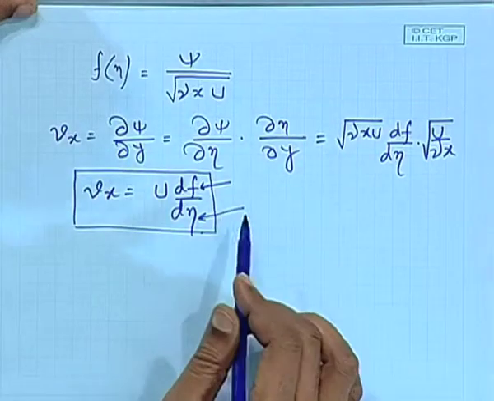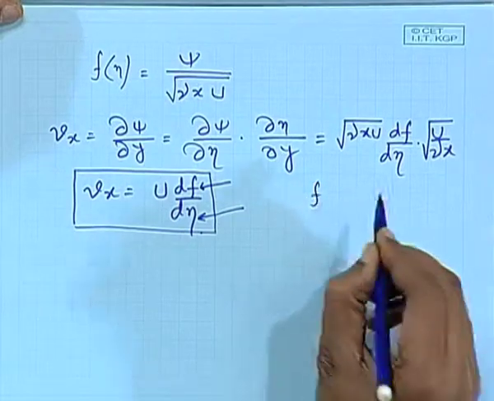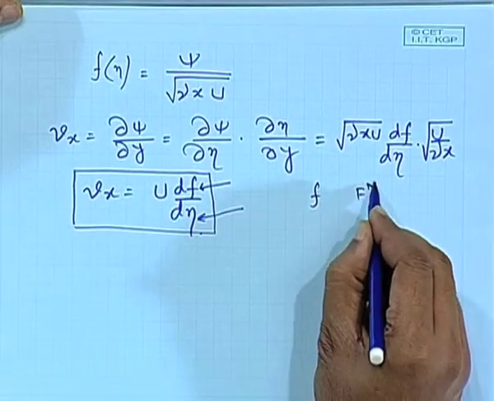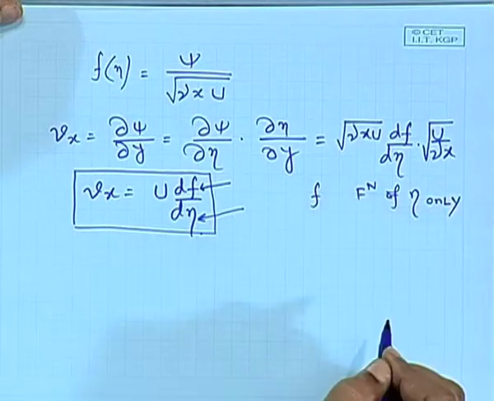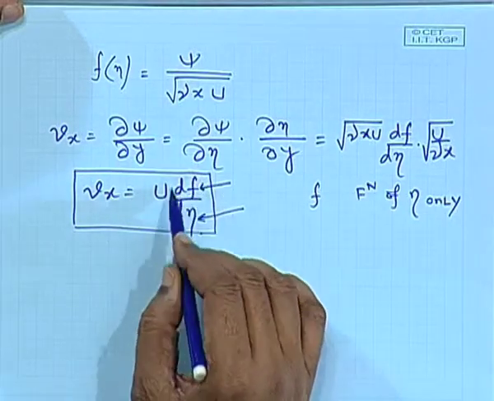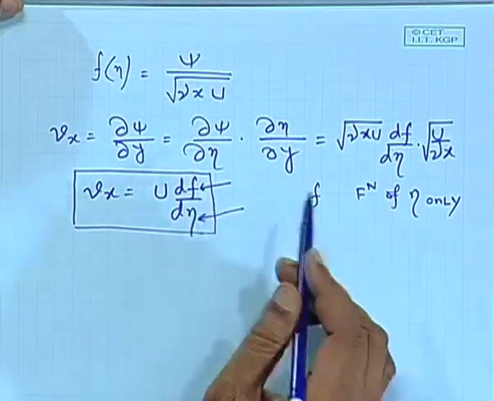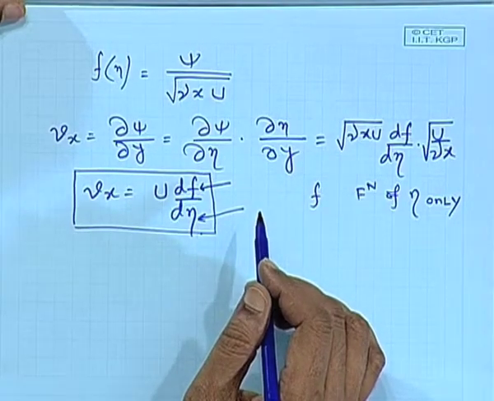These are simple steps which I am sure all of you can follow. And f is a function of eta only. Since f is a function of eta only, then I can replace the partial sign with the normal differential sign. So, I have evaluated what is Vx.